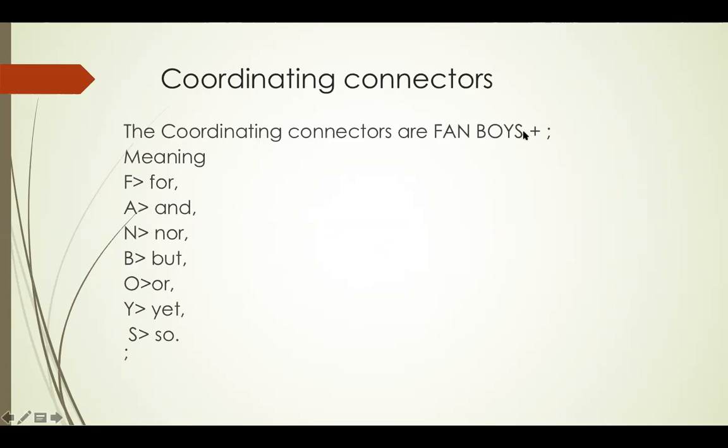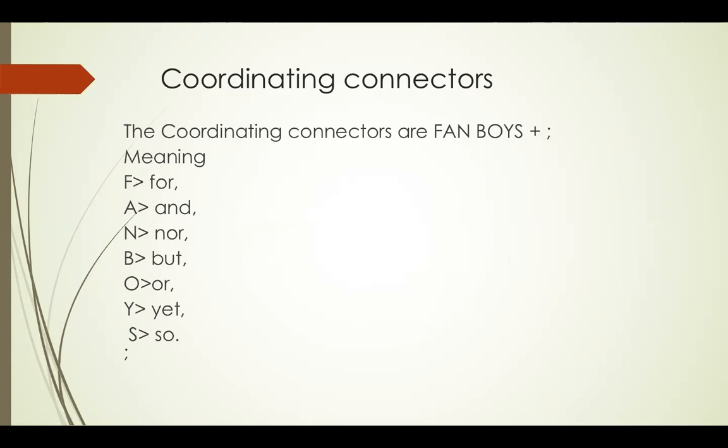So FANBOYS is an acronym, taking the first letter of the seven significant coordinators: F for, A and, N nor, B but, O or, Y yet, S so, plus the semicolon.